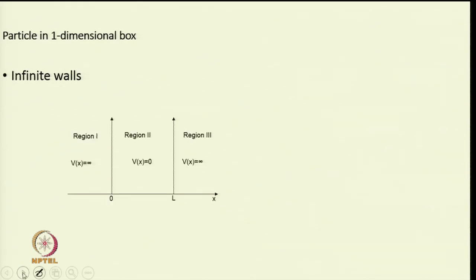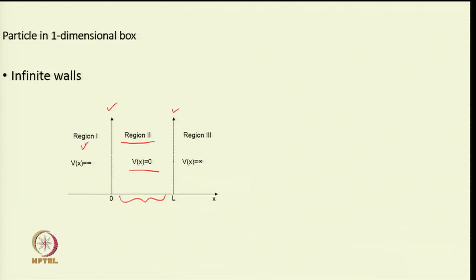So, let us think about a particle in a one dimensional box. As we discussed, this space is confined by two infinite walls, and let us call this space region 2, where the potential energy is equal to 0.